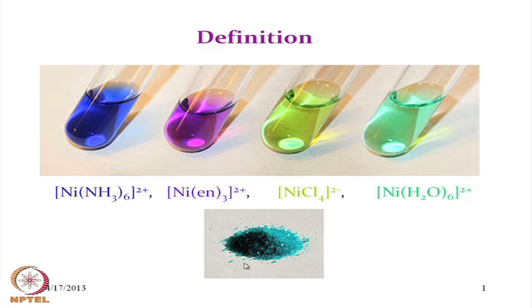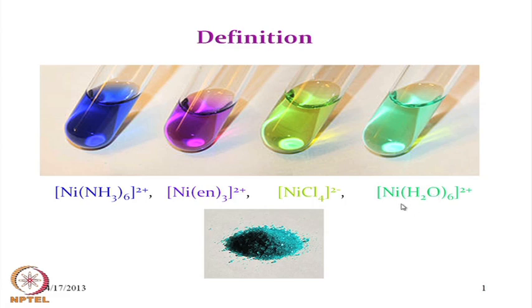If it is nickel chloride, it gives the hexaaqua nickel chloride salt as a complex, or if it is nickel sulphate, we also end up with the hexaaqua nickel sulphate complex. So simply taking any salt in a test tube and adding water can give rise to a coordination complex.